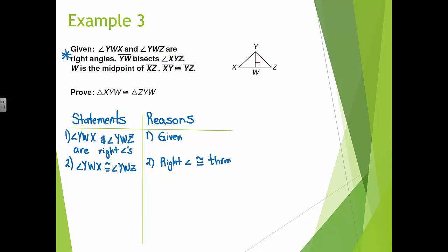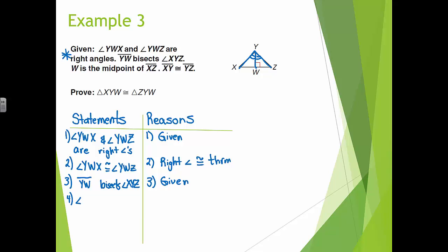Now I'm going to go to the second given statement. They say that segment YW bisects angle XYZ. So that's given to us. Go to your diagram and make sure you understand what that means. YW bisects angle XYZ, and that makes for 2 congruent angles right there.